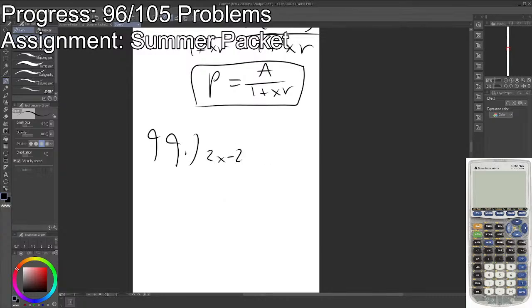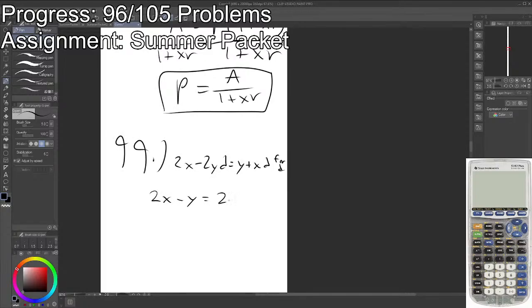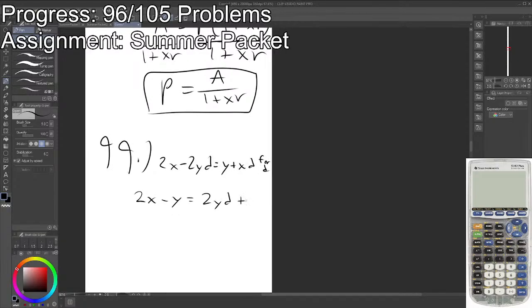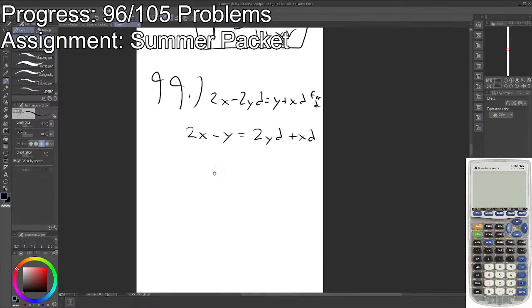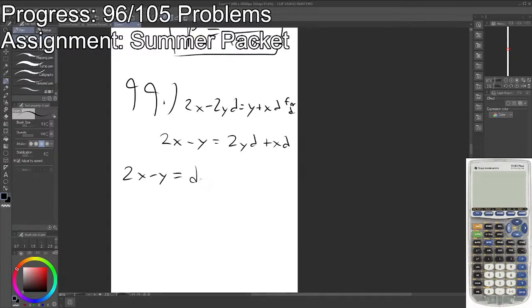Two x minus 2yd equals y plus xd 4d. Okay. So I'm going to put all the d's on one side. And then move the y on this side over. And then I'm going to factor out the d.